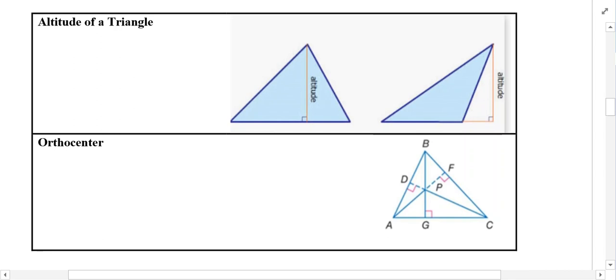The altitude of a triangle goes from the vertex to the opposite side, perpendicular. So it's a perpendicular from a vertex to the opposite side.